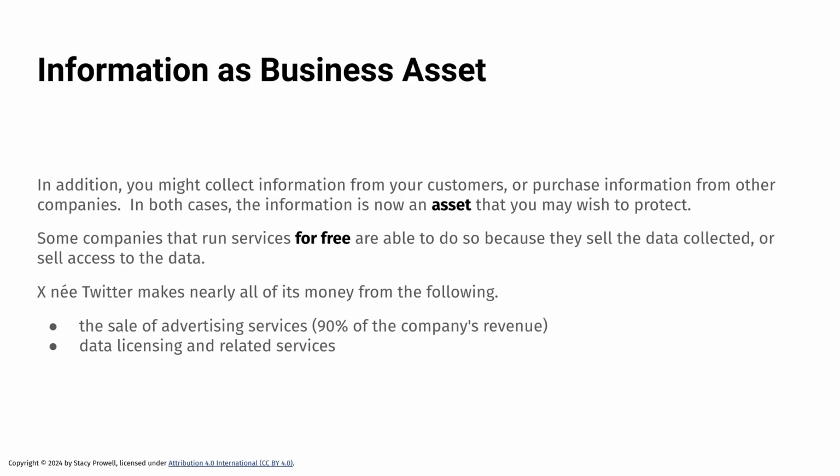And companies have a financial interest in keeping that information private. You might collect information from your customers or purchase information from other companies. In both cases, that information is now an asset, and you probably want to protect it, right? You spent money to get it, and you don't want to just give it away for free.